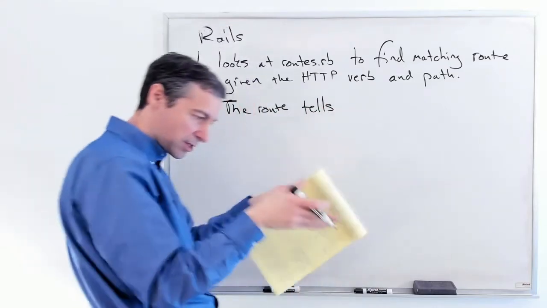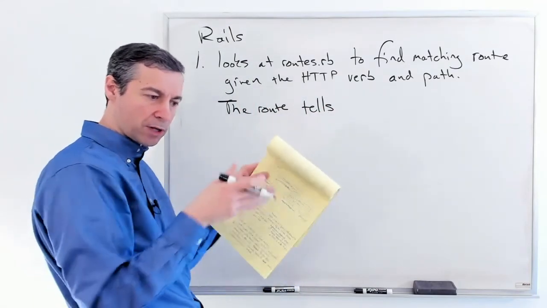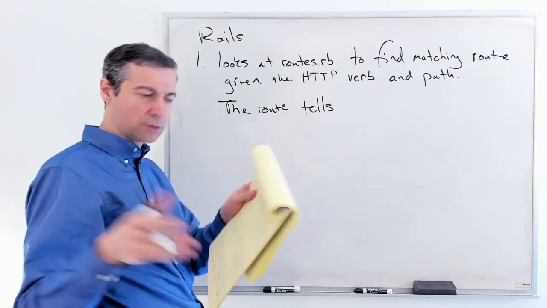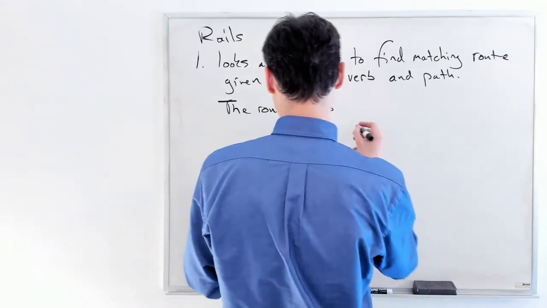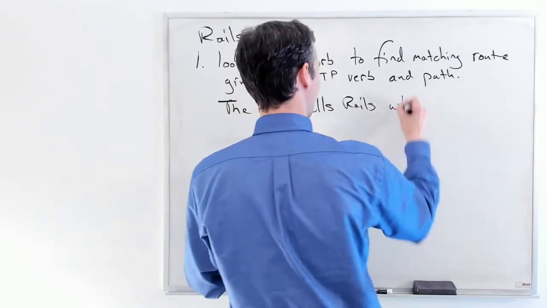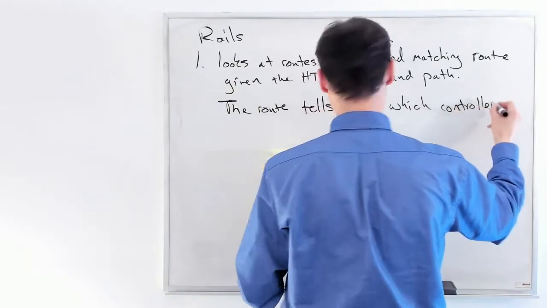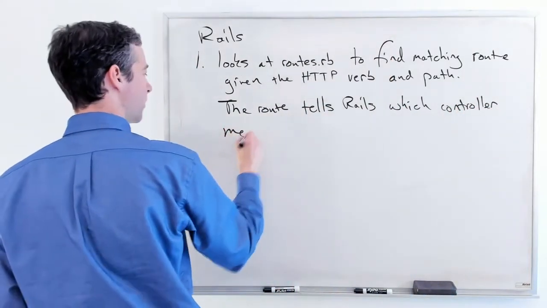Once it finds the route, the big thing is, I've got this match. You always pair with your route a controller and a method. It tells Rails which controller method to call.